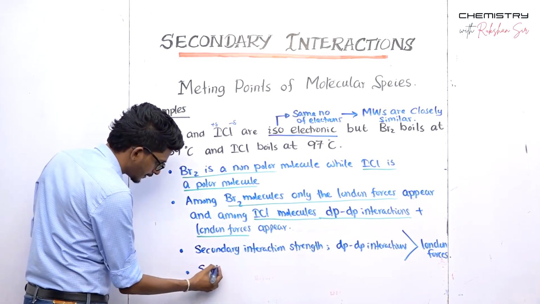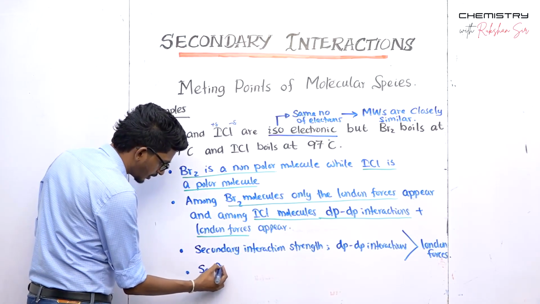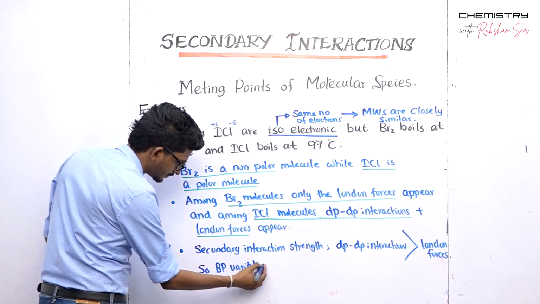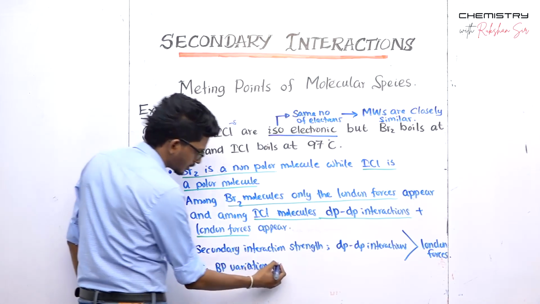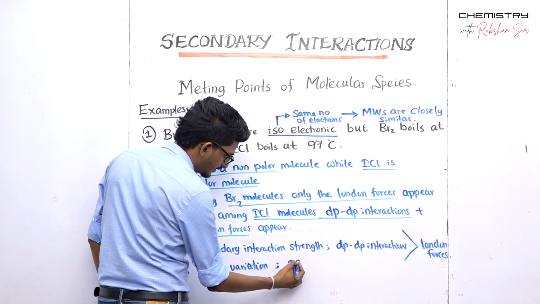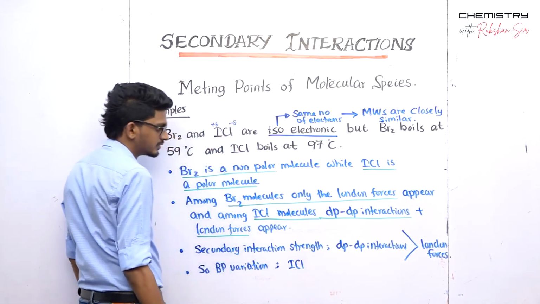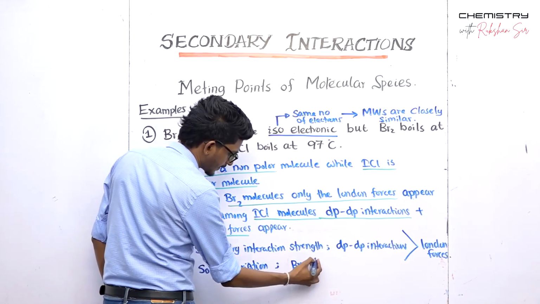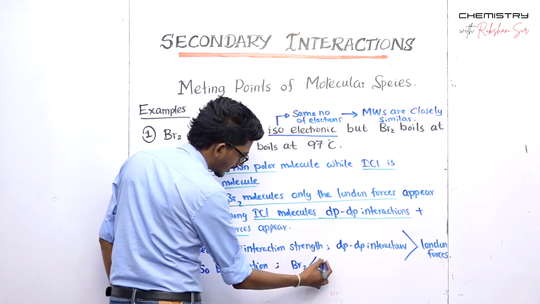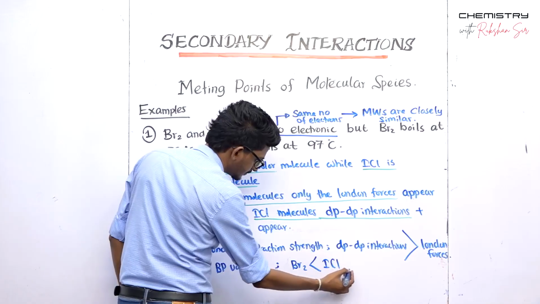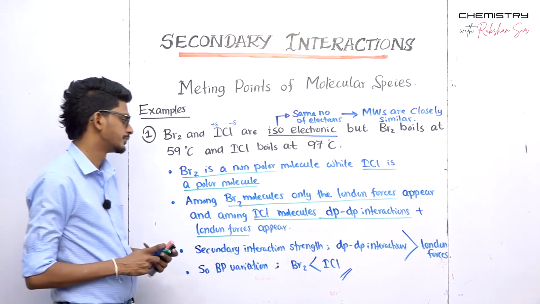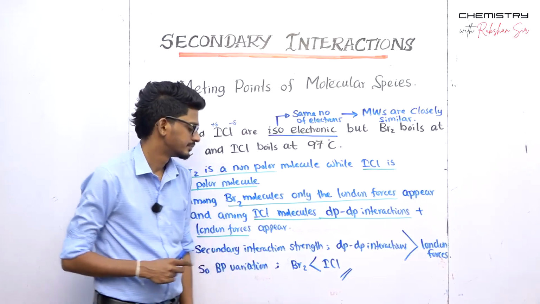So the boiling point variation should be with ICl winning, beating the Br2. So that is the idea.